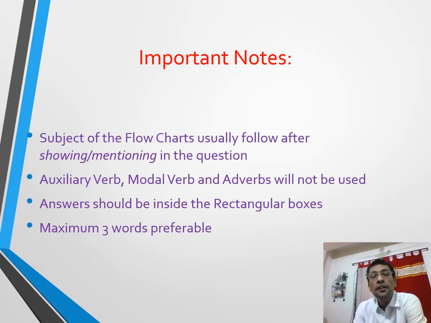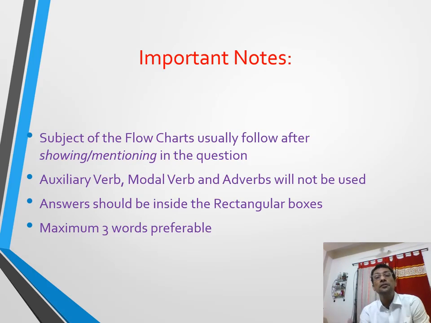Then auxiliary verbs, modal auxiliaries, or adverbs should not be used in the flowchart information. The answer should be inside the rectangular boxes, and a maximum of 3 words is preferable. It can be more than 3 words if it is related, but a maximum of 3 words is very much preferable. That is, it can be 1 word, 2 words, or 3 words.